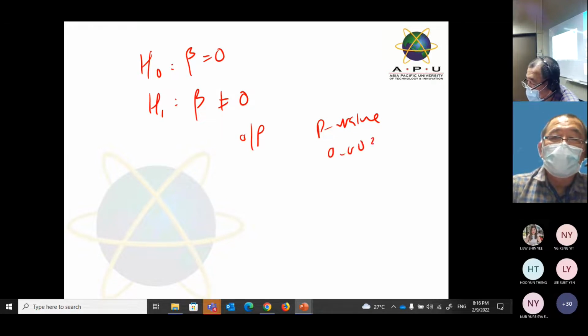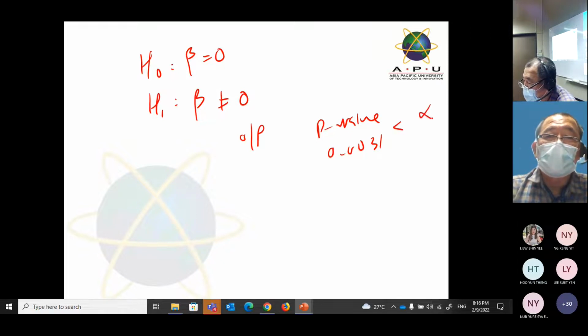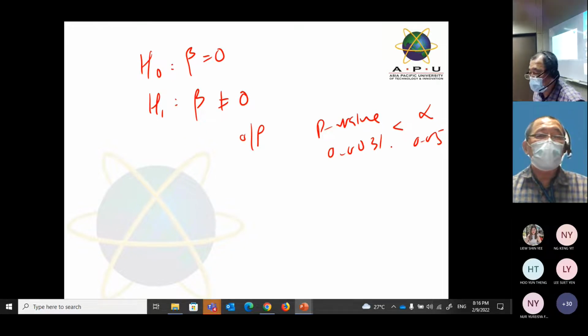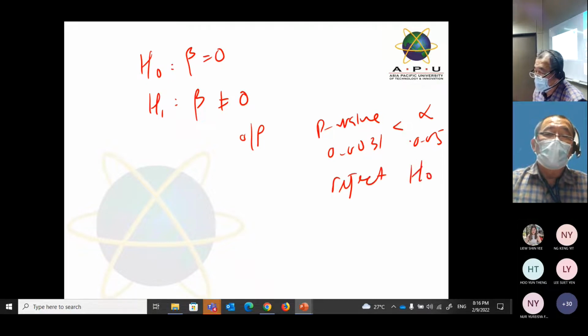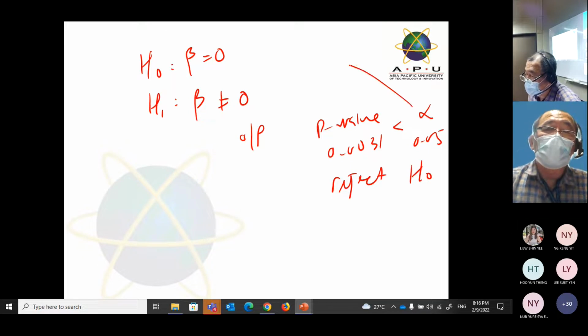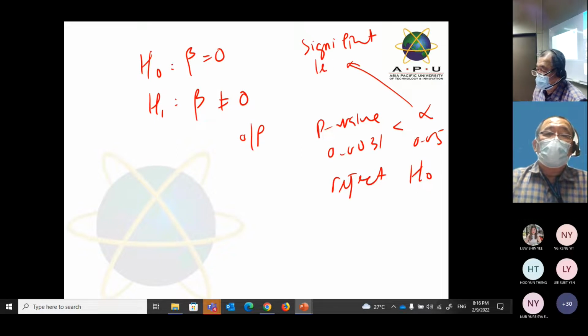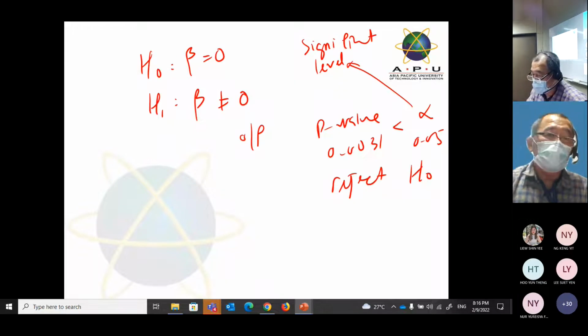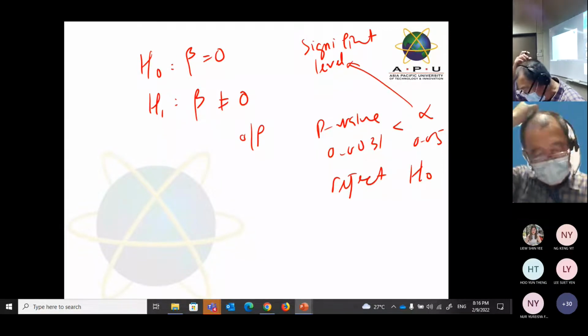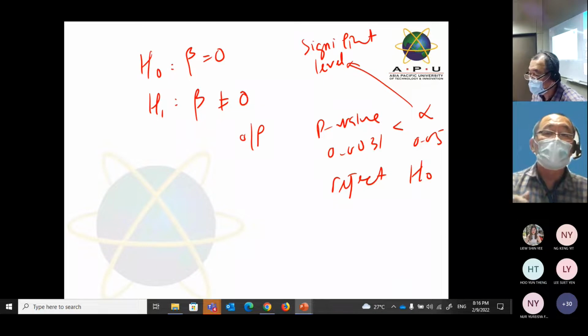For example, 0.0031, and let's say this is smaller than alpha, 0.05, or 5%. Whenever the p-value is smaller than alpha, we must reject the null hypothesis. Alpha is the significance level.